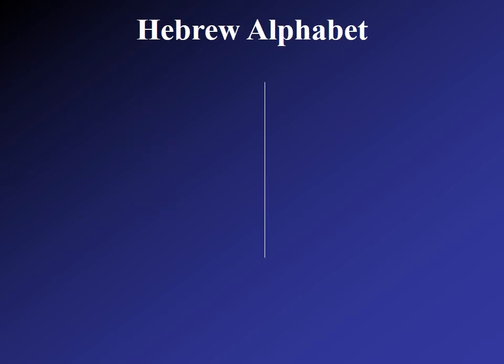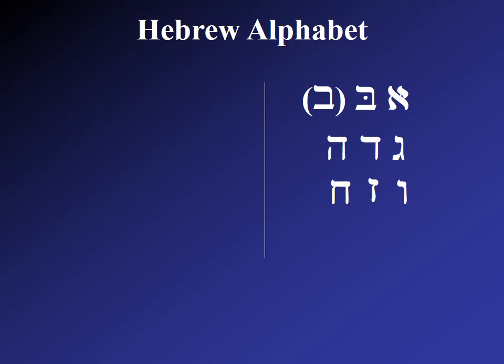If we look at the Hebrew alphabet from beginning to end, it looks like this. Aleph, bet, is the stopped form. The spirantized form is vet. Gimel, dalet, hey, vav, zayin, chet, tet, yod.